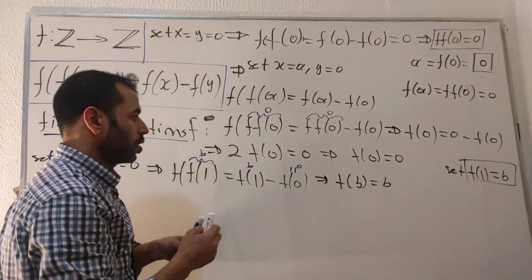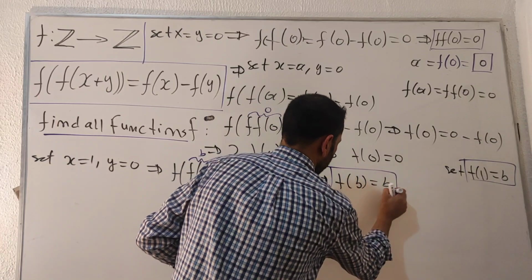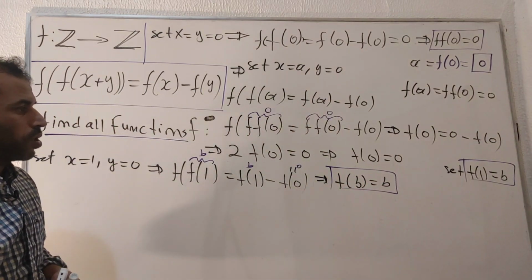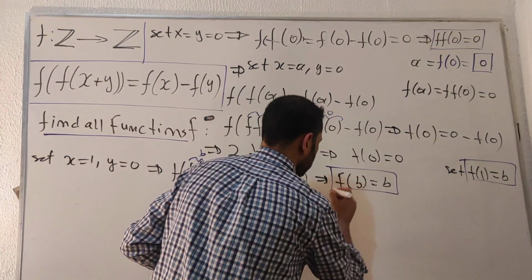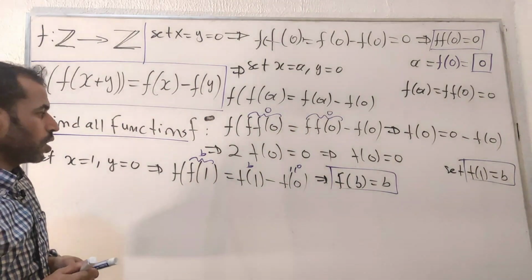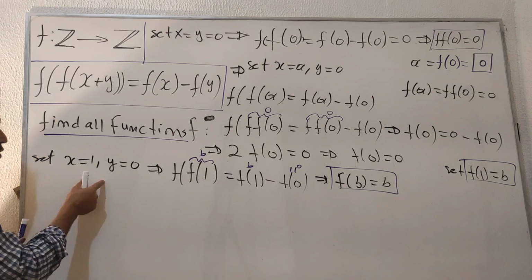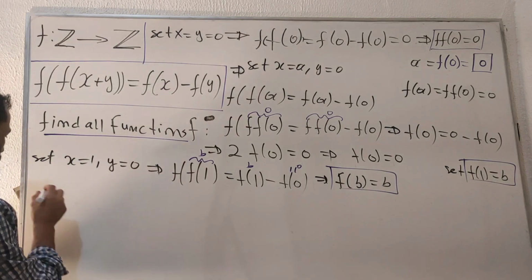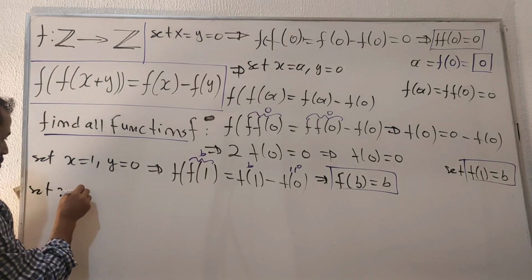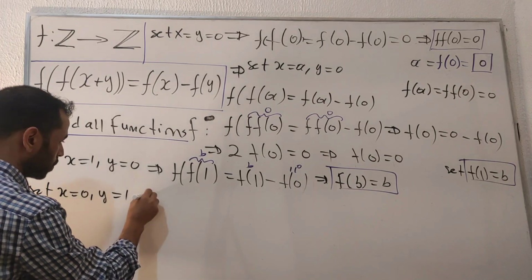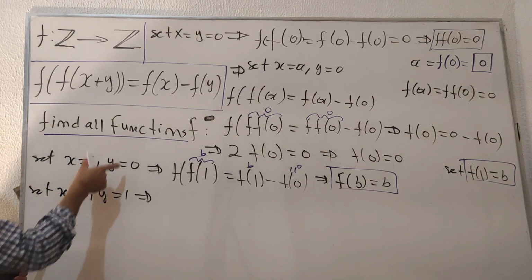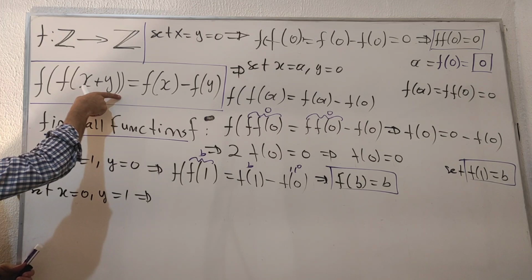Now let's save this one for later, and then also I'm going to put the inverse here. I'm going to put x equals 0, y equals 1. So let's set x equals 0 and y equals 1, and insert these two values back into the original expression.